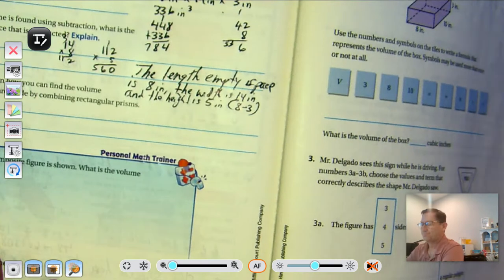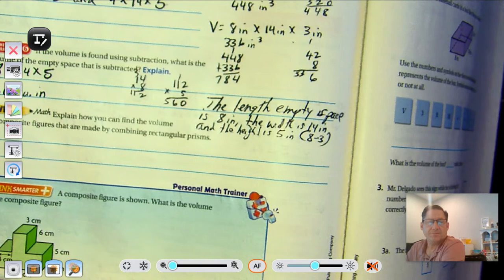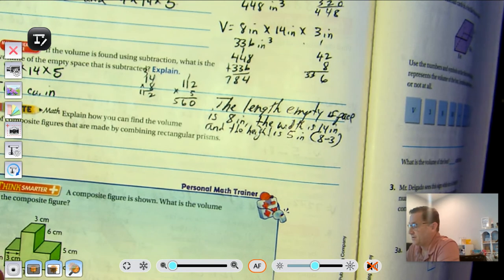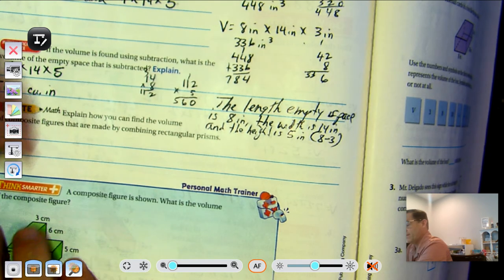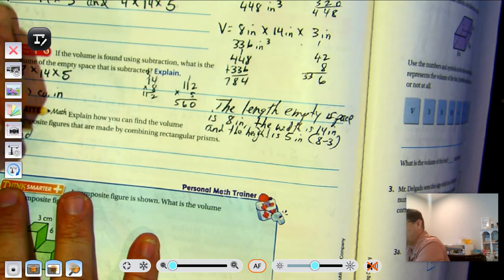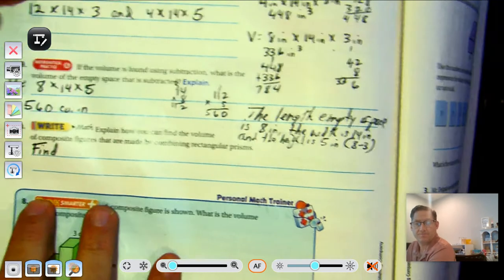And number 10. Explain how you can find the volume of composite figures that are made by combining rectangular prisms. We'll find the volume of individual rectangular prisms and add them together.